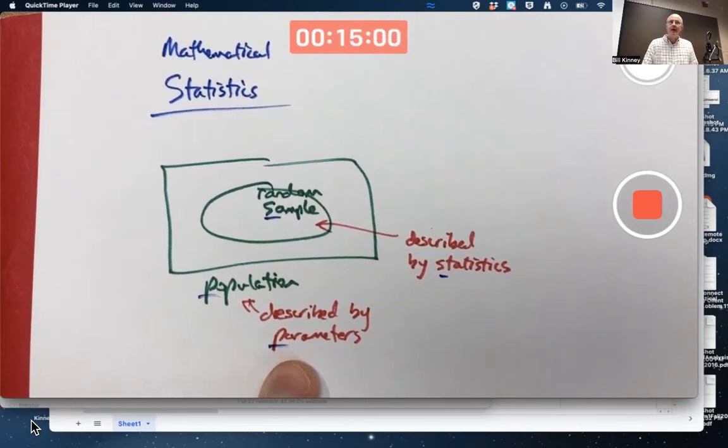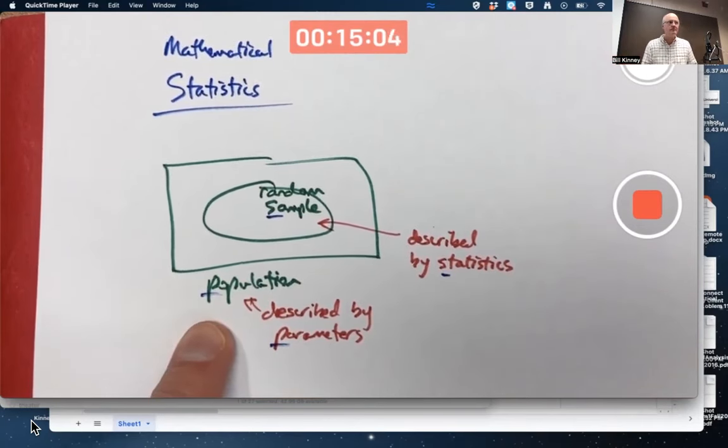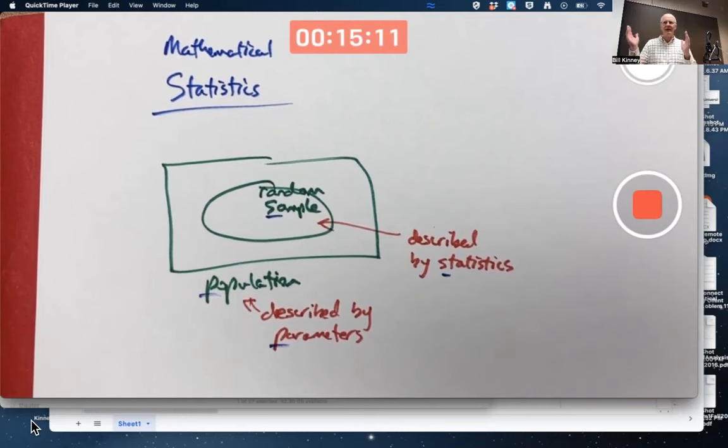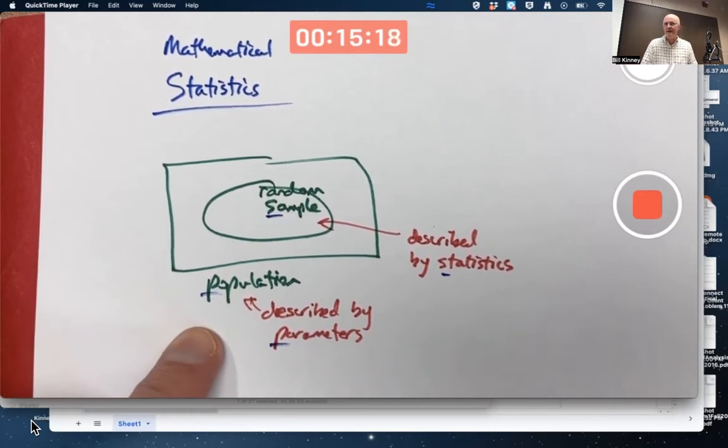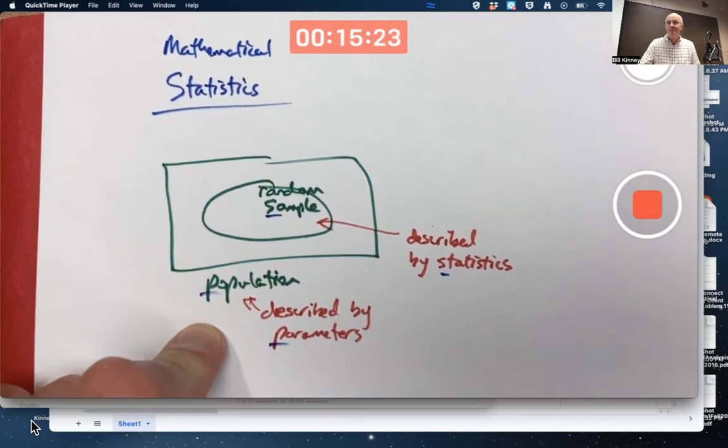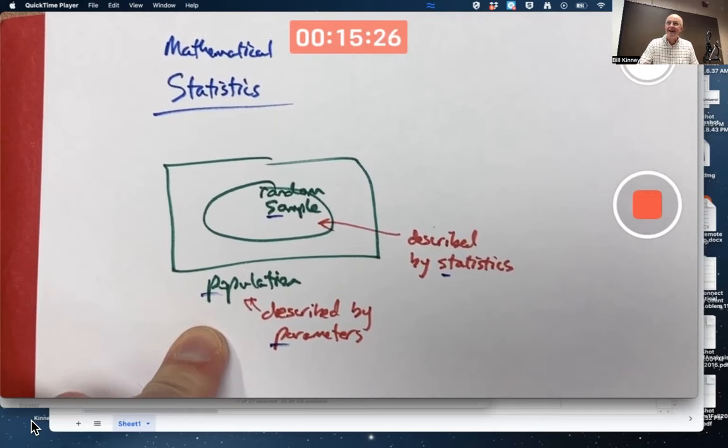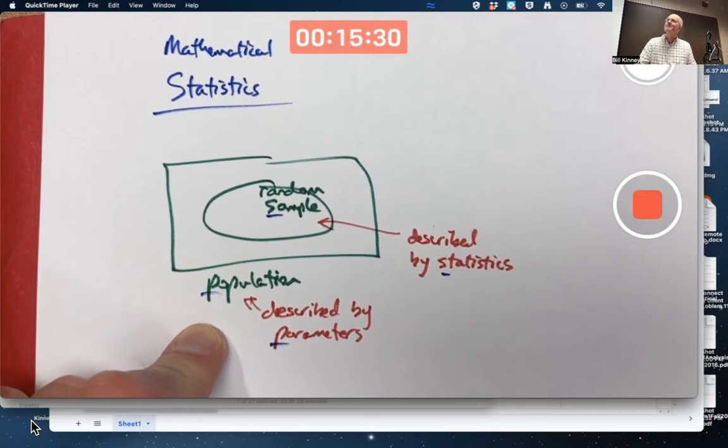Parameters are numbers describing the population, like the average height of everybody in the country. And if everybody, including babies, is too broad a category, okay, maybe you say everybody who's at least 20 years old. Talking about full-grown adults, okay? Sorry if you're 18. Okay, 18 and over, whatever. That would be some fixed number, but think about it. What is the average height of everybody in the country?